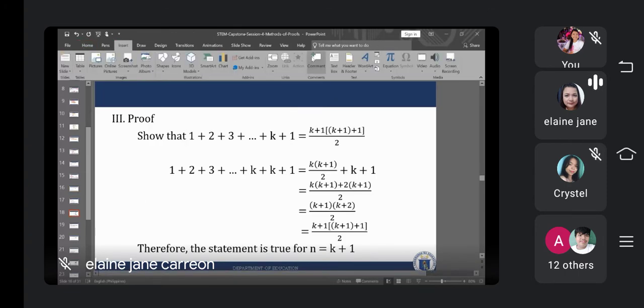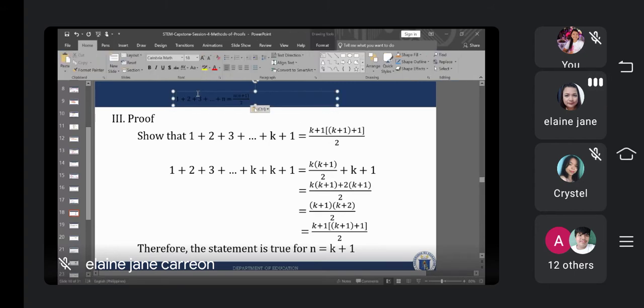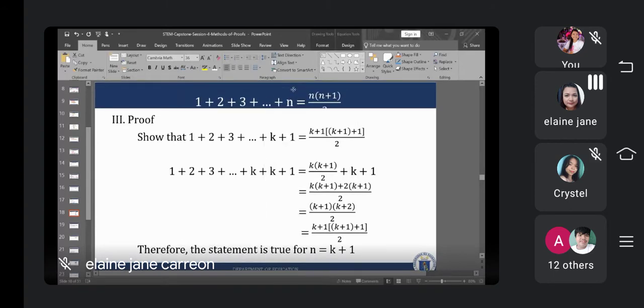Okay, I am going to insert a text box para makita nyo kung ano yung pinoprove natin. Ayun. I hope nakikita nyo siya. 1 plus 2 plus 3 plus n is equal to n times the quantity n plus 1 over 2.